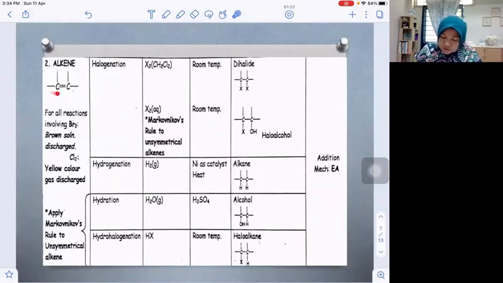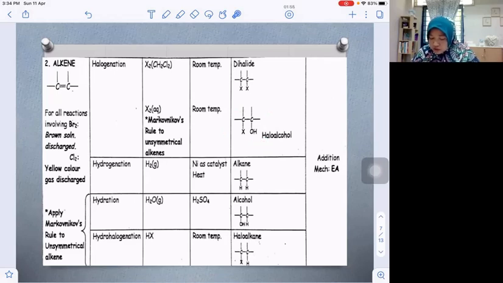Alkene halogenation is either in the presence of dichloromethane or aqueous. If the reaction is in dichloromethane, the product will be a dihalide. If it is reacted with the halogen in aqueous H2O, the product will be a halo alcohol.